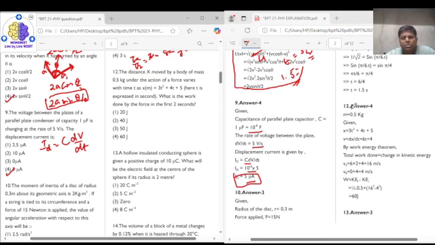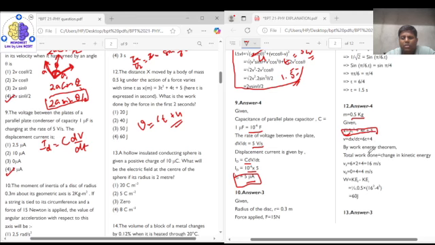So see, mass is given as 0.5 kg and displacement is given in terms of t like this. So if we differentiate it, we will get velocity. So v is equal to dx by dt, and differentiating this 2t square plus 4t plus 5, we get 6t plus 4. This is the velocity of the object under the influence of the force.